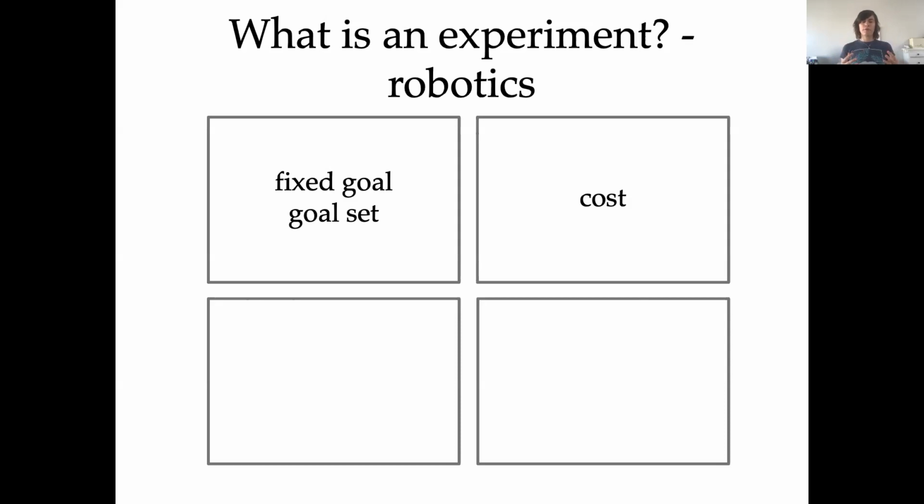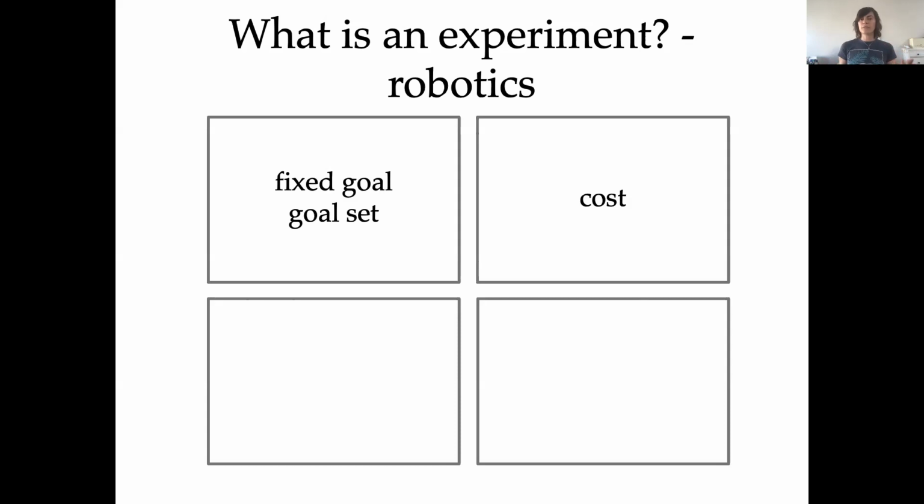Or I can account for the fact that there are many different ways to reach for an object, many different configurations that will work. And maybe it's useful for the optimizer to know about that set of goals. And so you might want to look at the effect that using a goal set has on the final cost of the solutions. And that's all well and good.